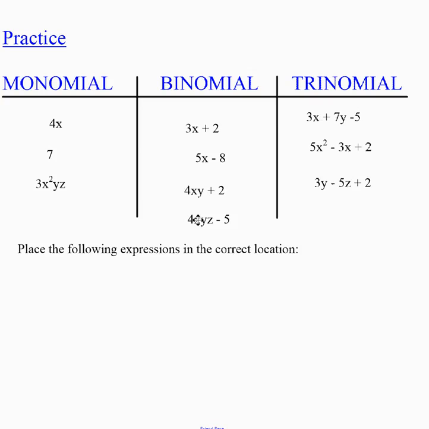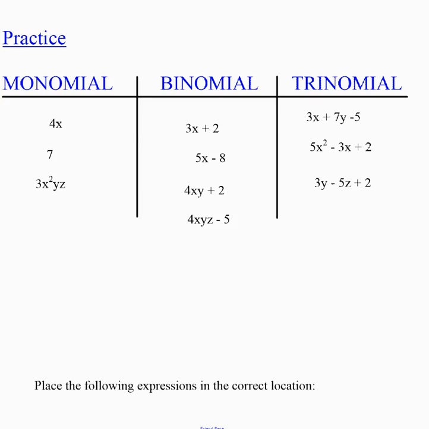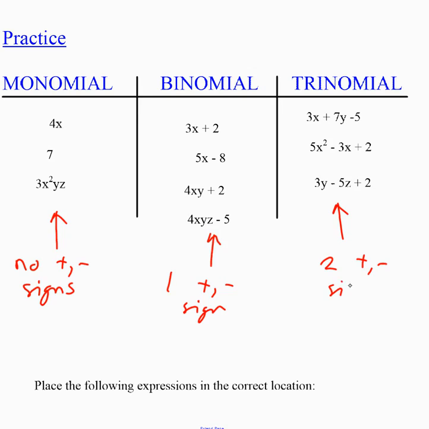So one thing that you want to notice in this column here, there are no plus or minus signs. Here, there is one plus or minus sign. And here, there are 2 plus or minus signs. That's just something to kind of notice and keep in mind when you're trying to identify how many terms something has.